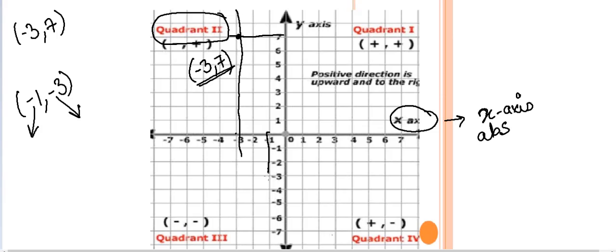And second is -3, -3 for the y-axis. So I'll plot it over here. The intersection of these two is here. So this is my point on the xy plane.